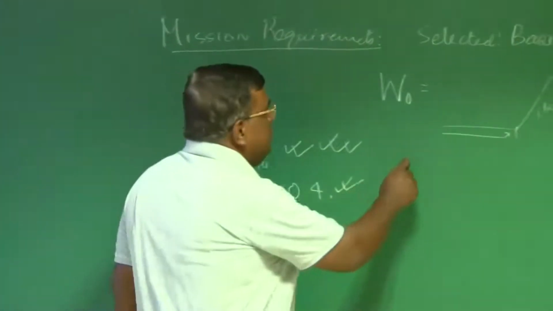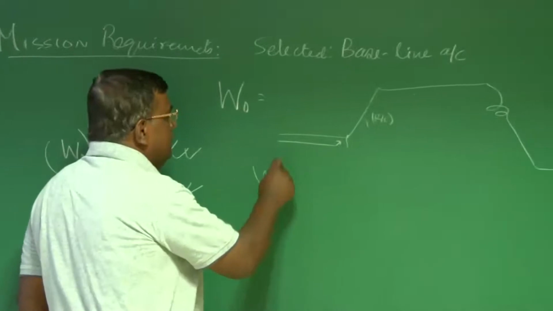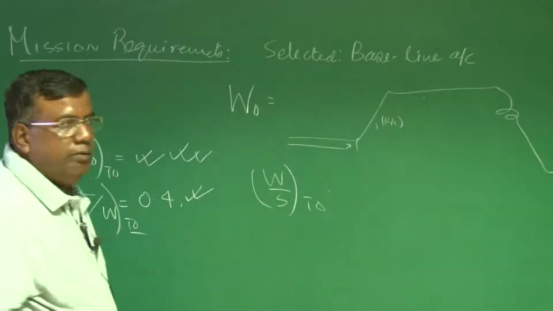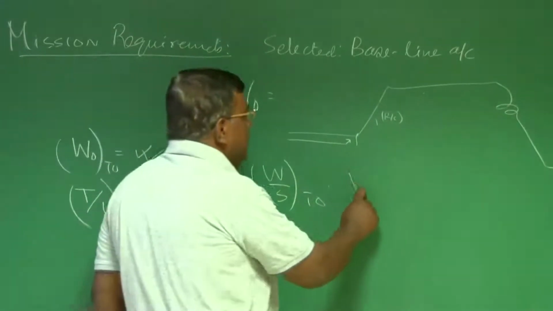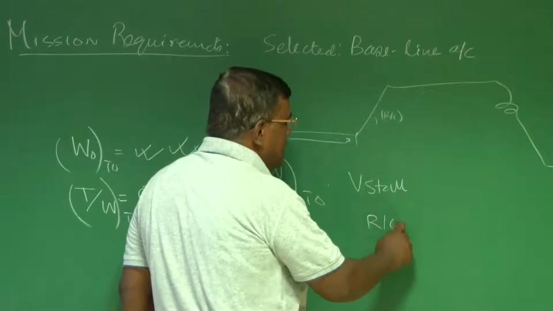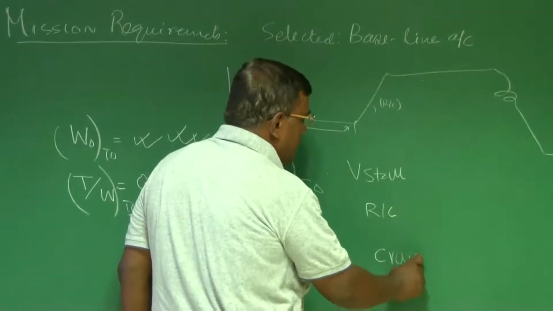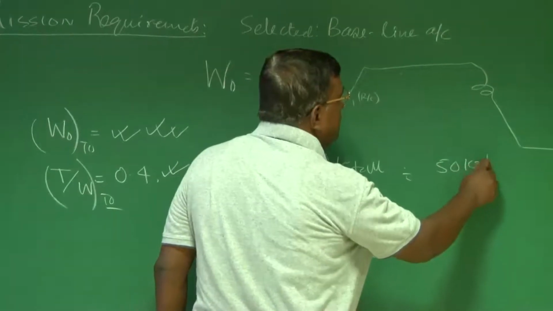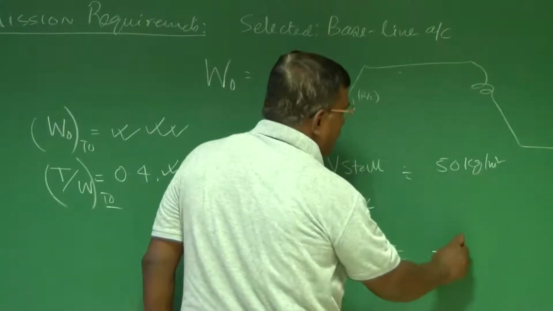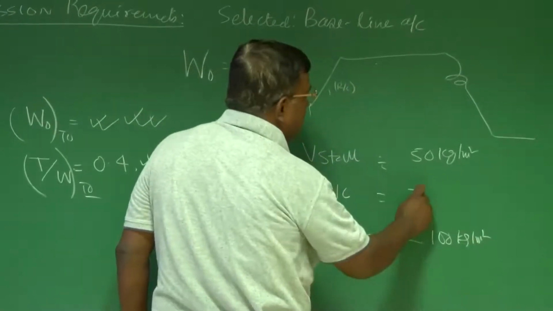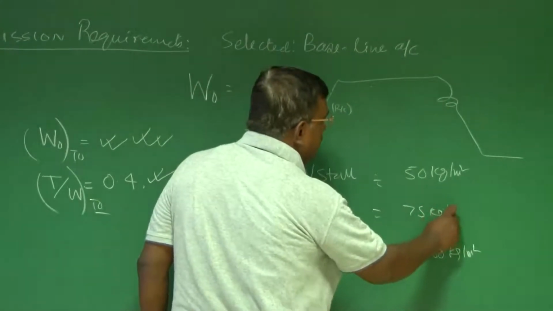Then we talked about W by S takeoff. And there we had different missions, let's say as far as V stall is concerned, rate of climb is concerned, cruise is concerned, right? So let's say we have got here 50 kg per meter square. Here we have got 100 kg per meter square. And let's say here it is 75 kg per meter square.